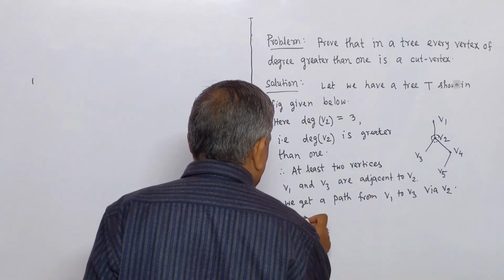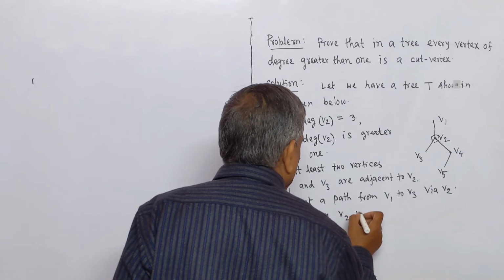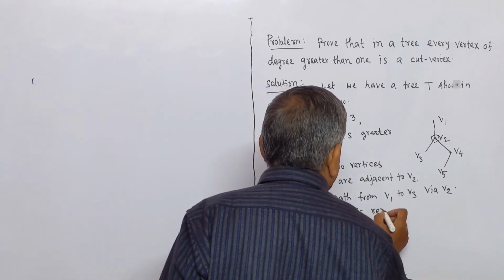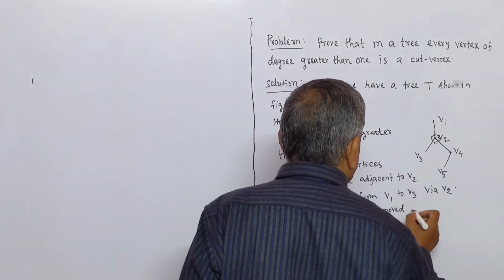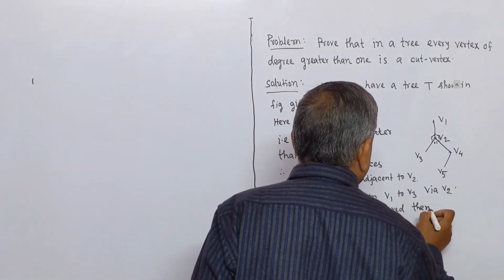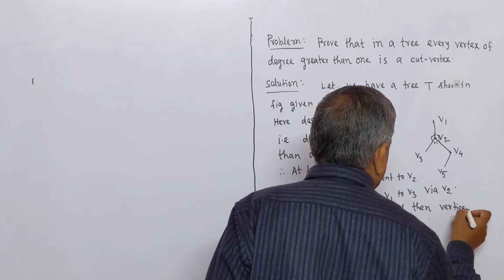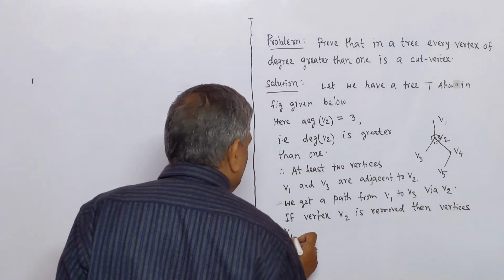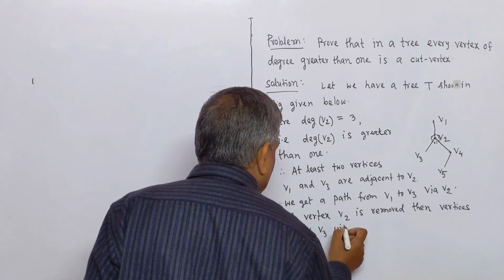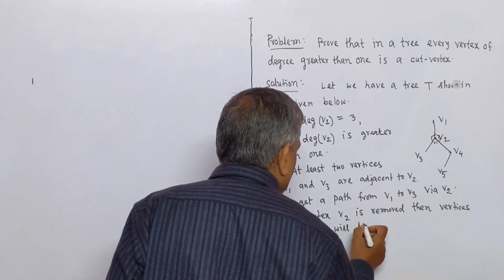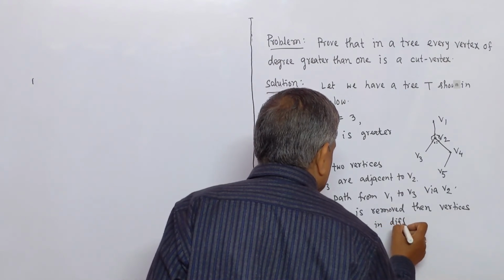If vertex V2 is removed, then vertices V1 and V3 will lie in different components.